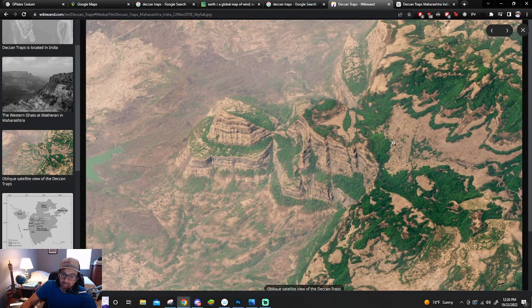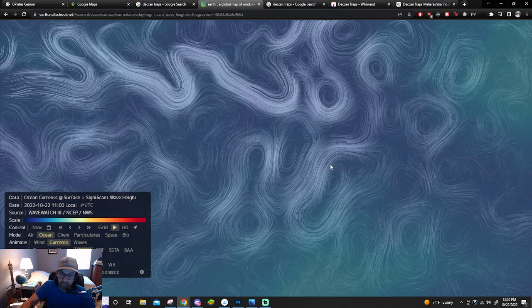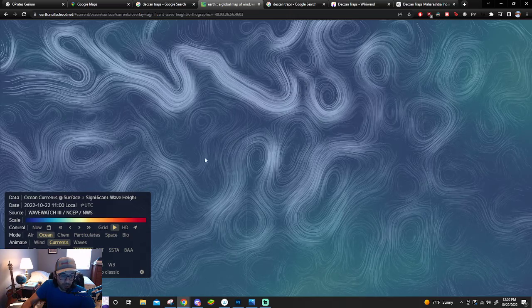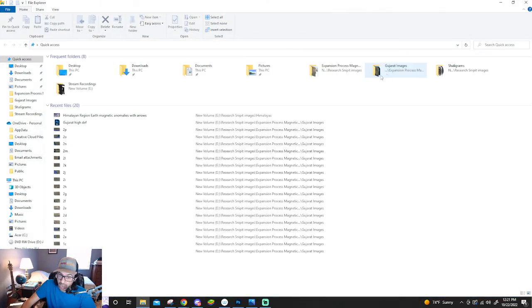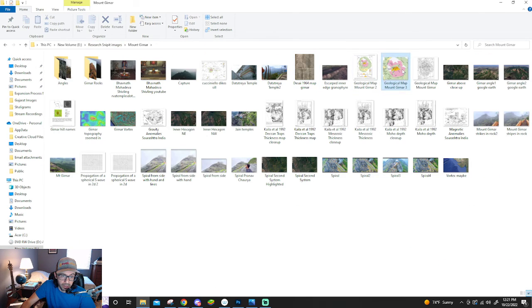This process with current flows like this causes separation, which is why Mount Gurnar is not a single material.